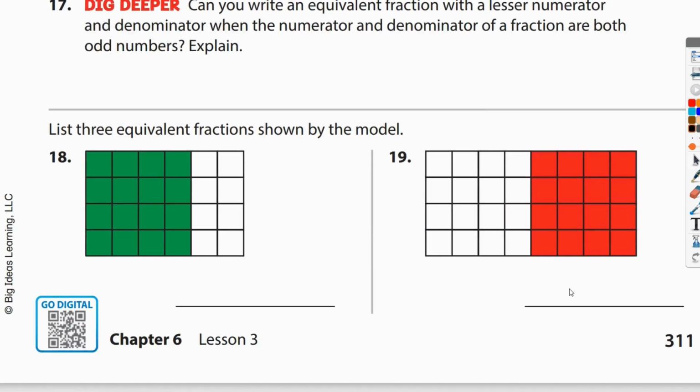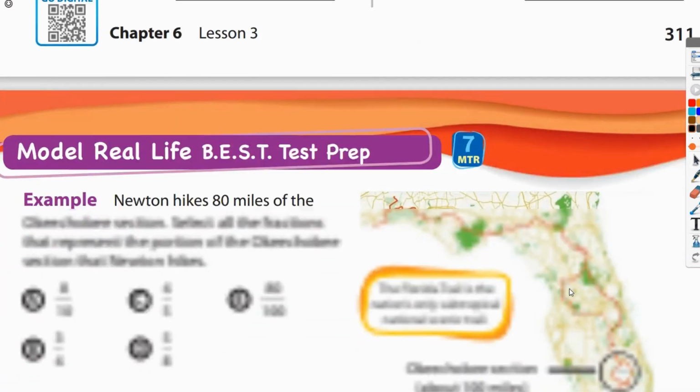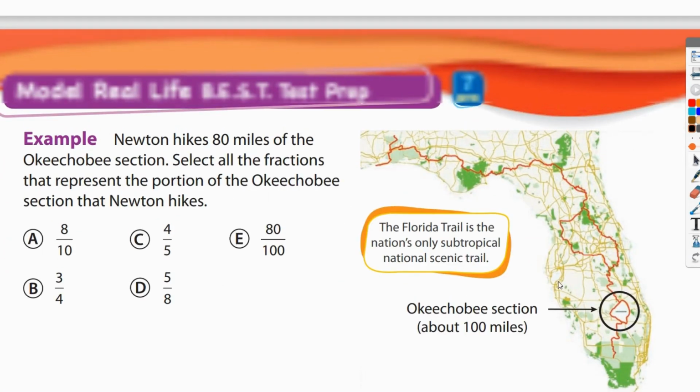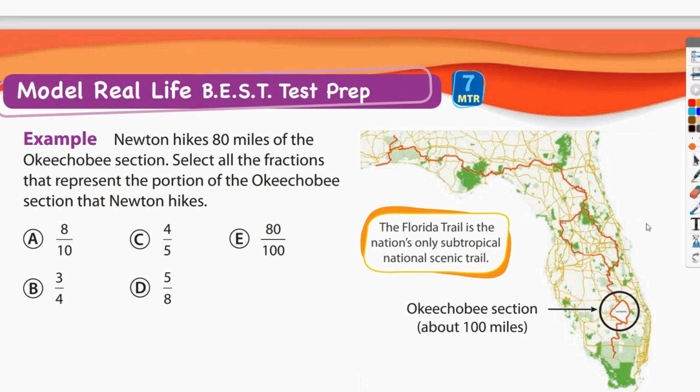All right. Now, let's take a look at model real life. Newton hikes 80 miles of the Okeechobee section. Select all the fractions that represent the portion of the Okeechobee section that Newton hikes.